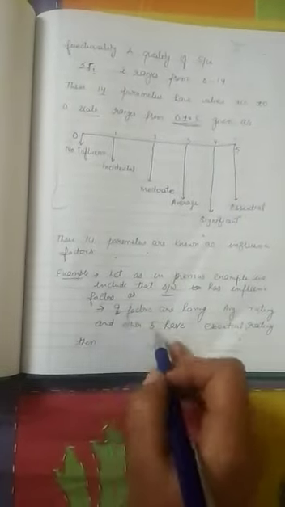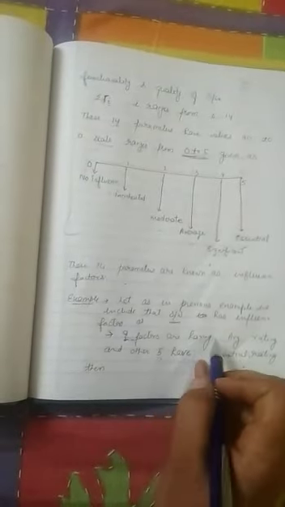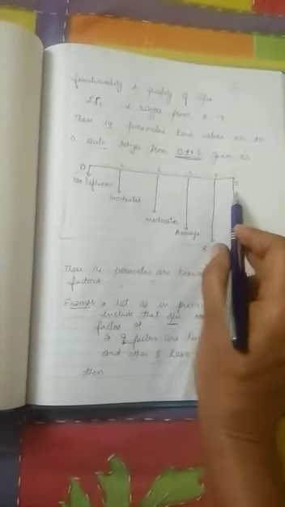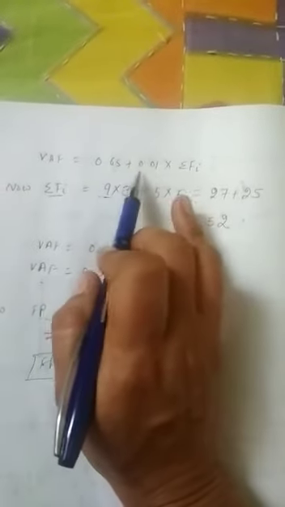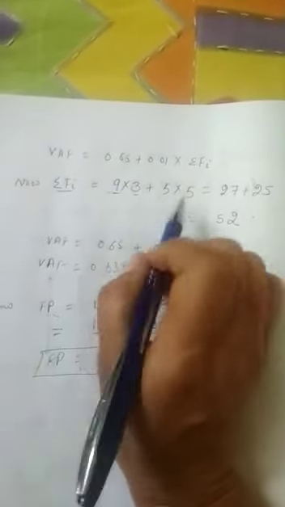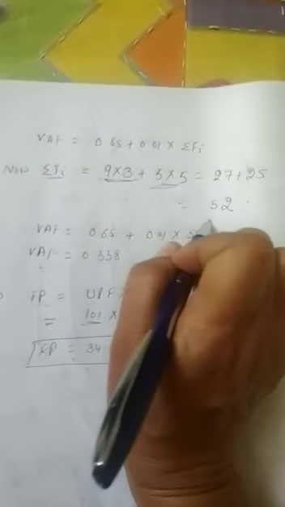Now we know that there are 14, 9 and 5. 9 plus 5 is 14. 9 have average and 5 have essential rating. 9 factors have average, then 9 have average means 9 into 3, and 5 have essential means 5 into 5. So we can calculate it as VF equal to 0.65 plus 0.01 into summation Fi. Summation Fi is 9 into 3 and 5 into 5, that is 52.